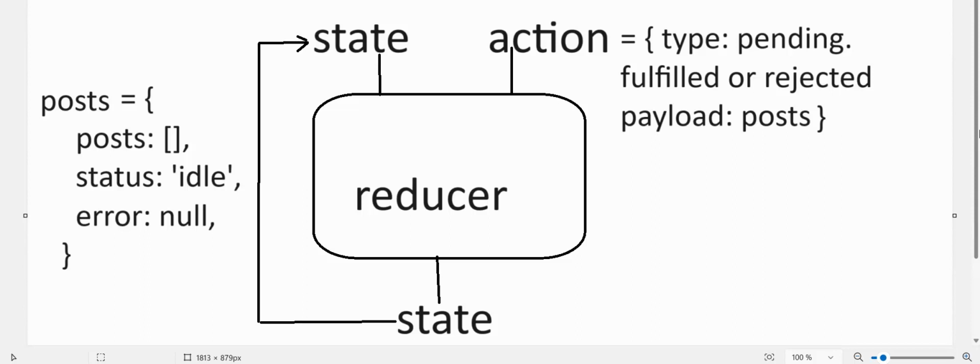We must know that the value of status, idle, is a string. It is primitive data. Error, null, is a keyword. It is also primitive data.